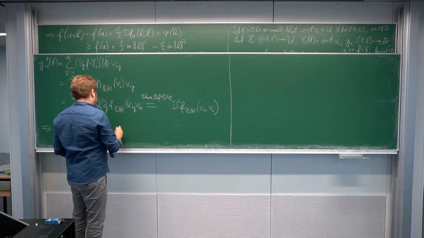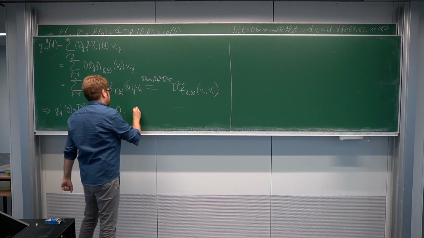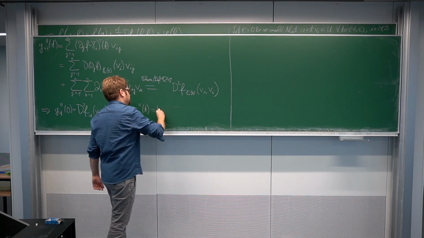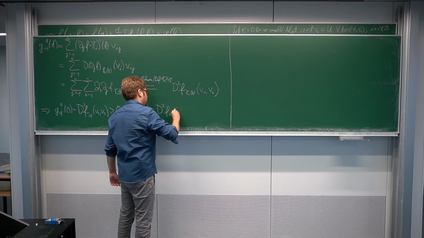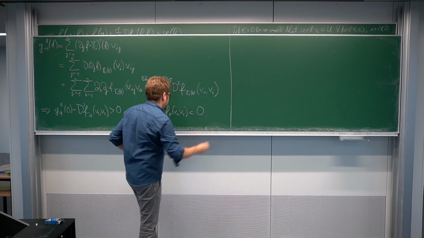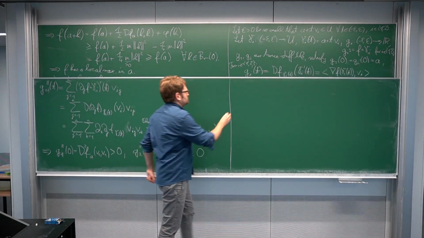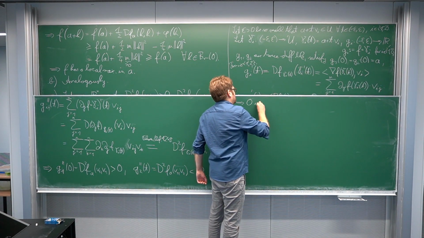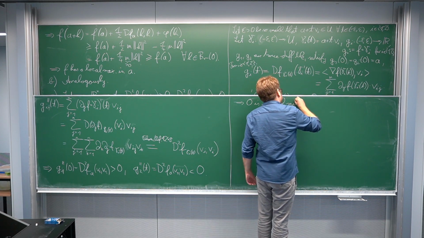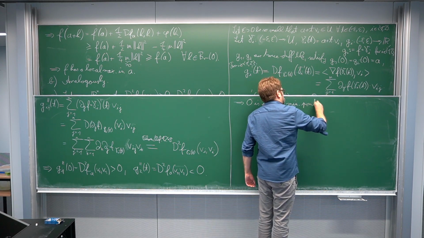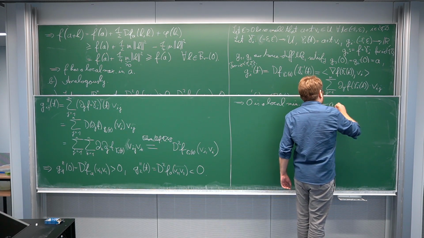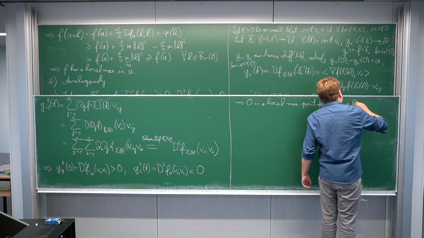So this is positive, and in the same way we get that g2 double prime in 0 is d2f_a of v2, which is negative. So this means 0 is a local minimum point for g1 and a local maximum point for g2.